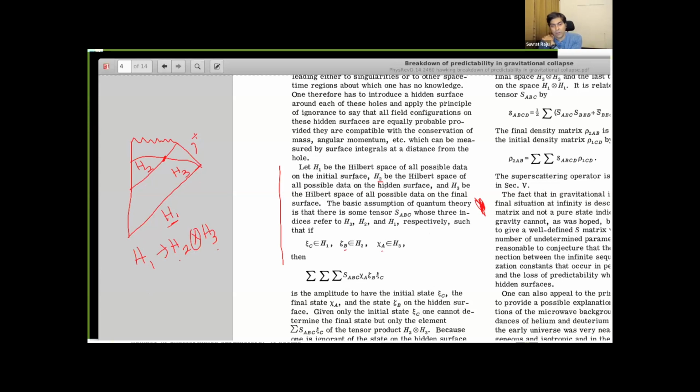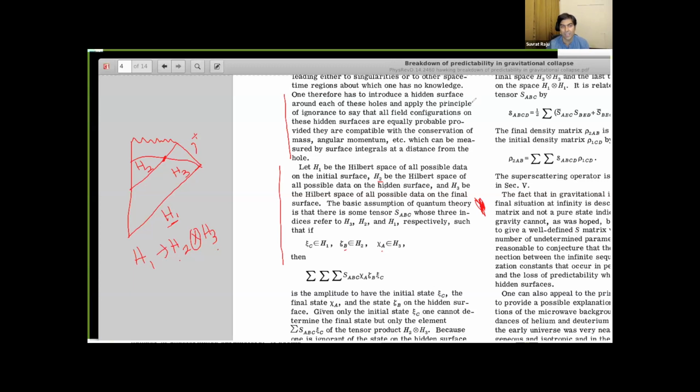Then he says, look, the observer outside cannot know anything about the hidden surface. So this is the part here. The principle of ignorance says that all field configurations on the hidden surface are equally probable, provided they're compatible with the conservation of mass, angular momentum, etc. This is the statement of the no-hair theorem.